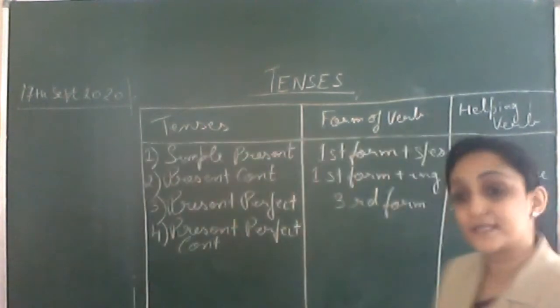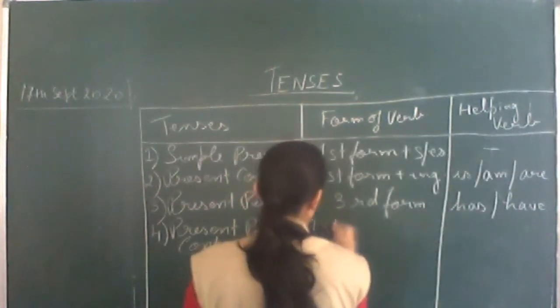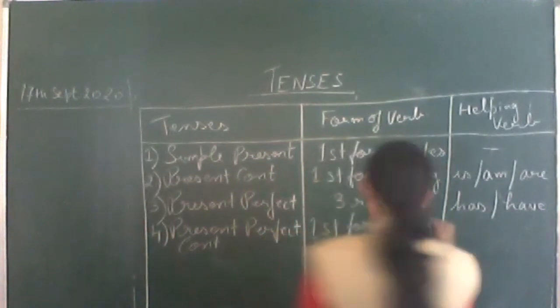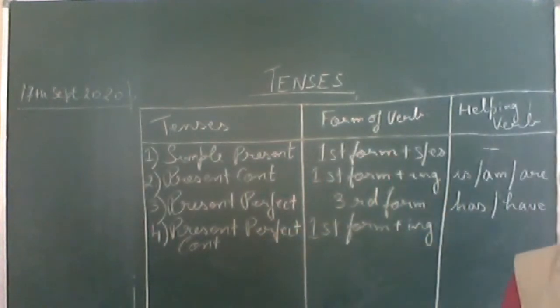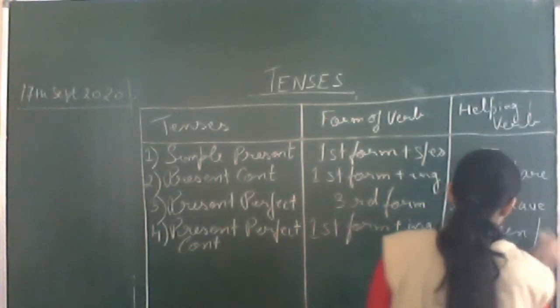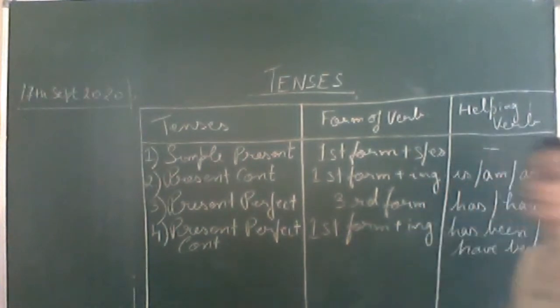In continuous tense we always use first form plus ing, and here we use has been and have been as helping verbs.